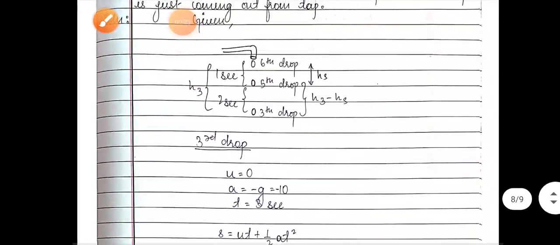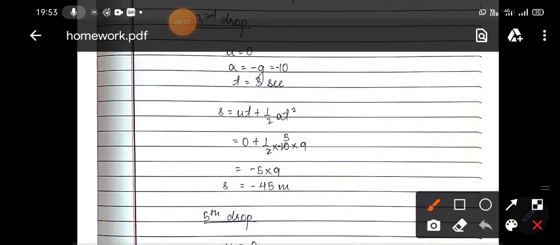So for the third drop, h is equal to ut plus half at square. Since the initial velocity for the third drop is 0, ut is 0, plus half. The value of g is 10, but according to our convention, we have taken it as minus 10.